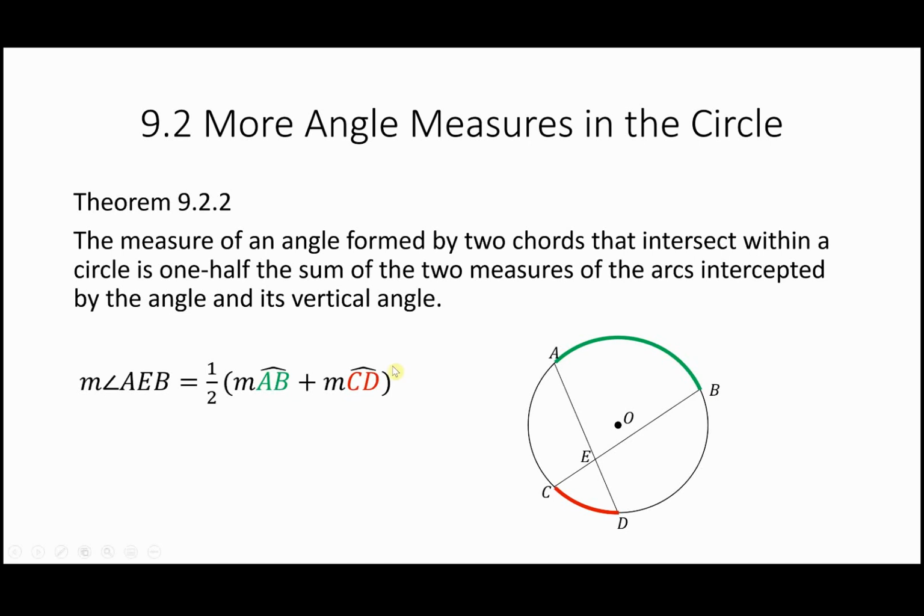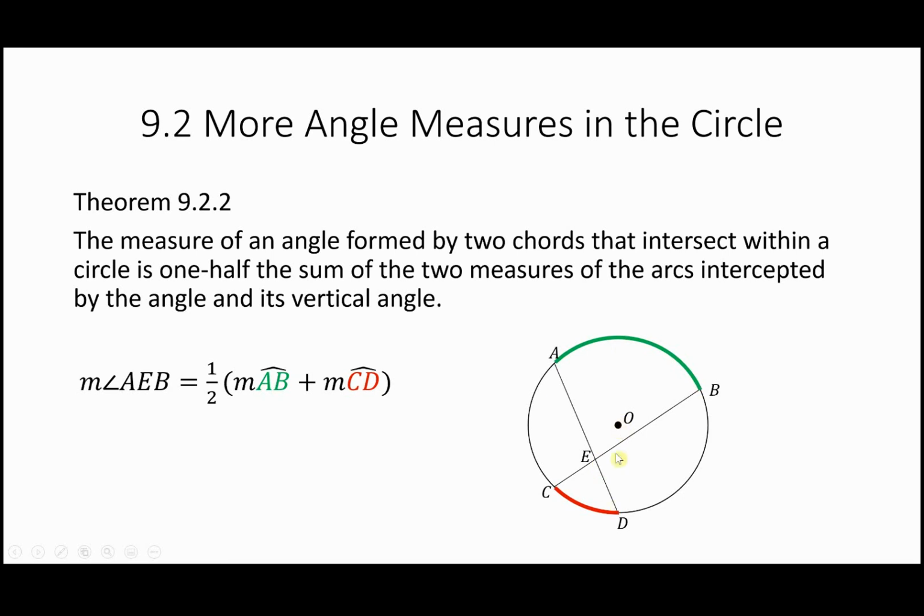Now, when we're talking about the measures of the arcs intercepted by the angle and its vertical angle, we're talking about these two angles right here. Obviously this angle, whatever its measure is, is going to be the same as this one, right? But notice the relative sizes of the measures of the intercepted arcs. That's because this point of intersection is not at the center.